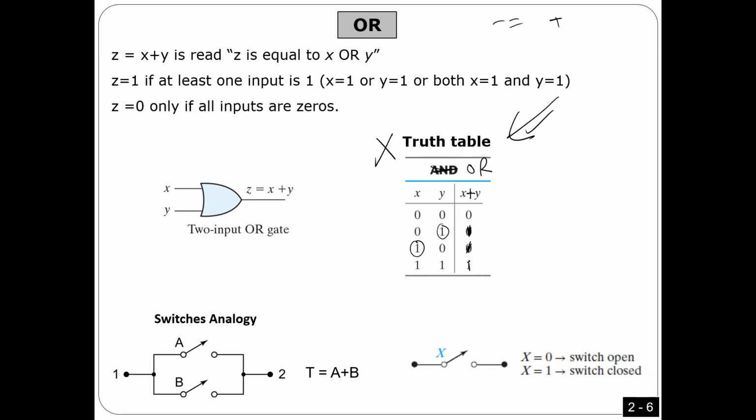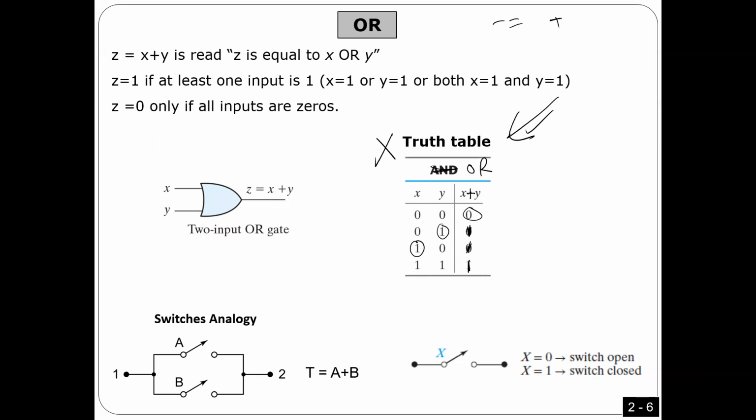If both of them are 1, I'm gonna get 1 also. The only way to get 0 is when the two inputs are 0. I just repeated the truth table for AND, not OR. So in the case of OR, it is enough to have only one input be 1. Okay? To make the calculation easy for you, look how it works.